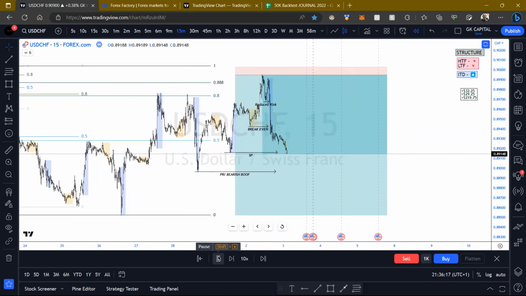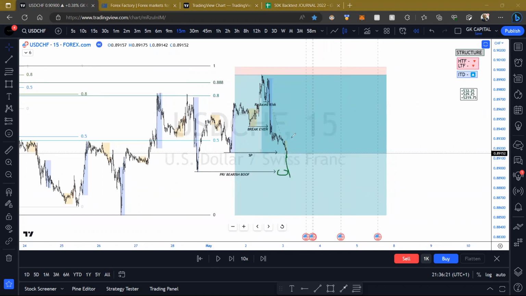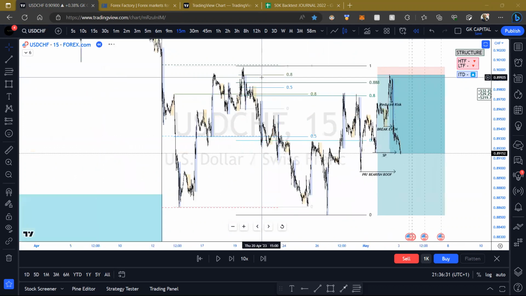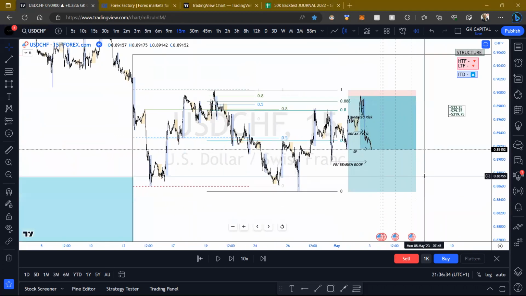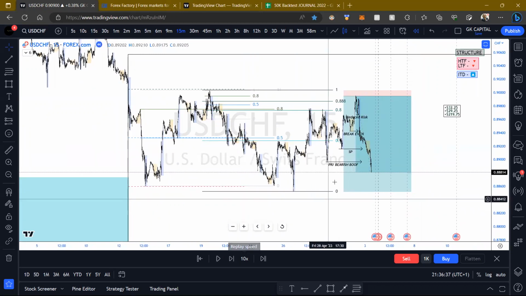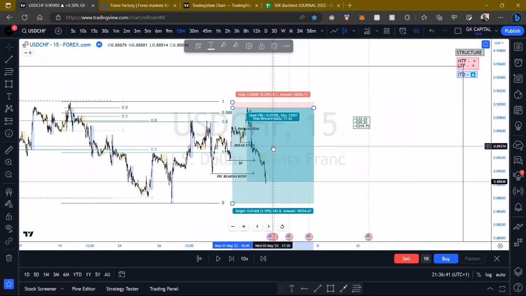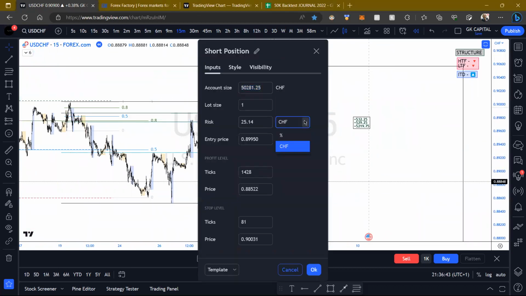So break even there, and again re-entry for me would be when we make this low, because now this is what we'll be holding. We'll see if we can come up, ideally to fill up some of the imbalance, and then go down. Okay. Cool. So we paid our risk here, and the risk that we paid, this was $25.